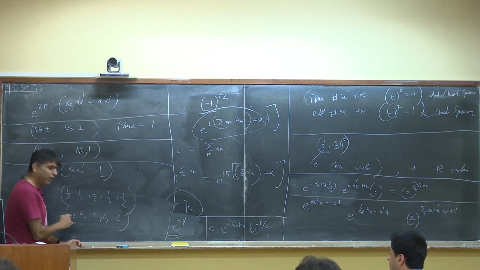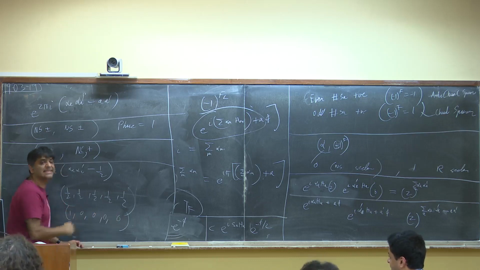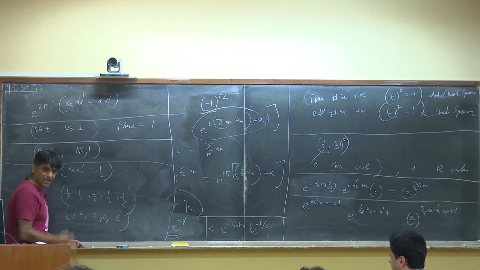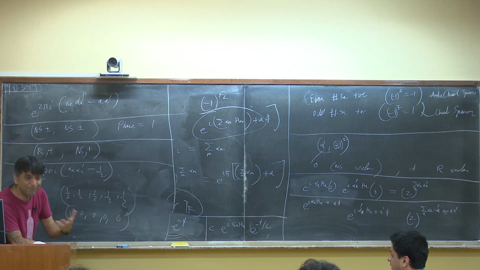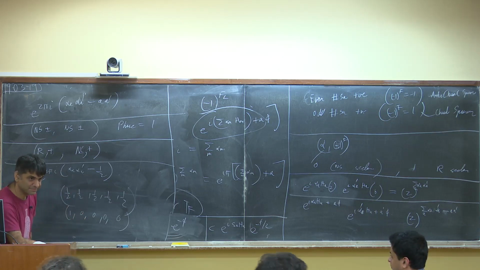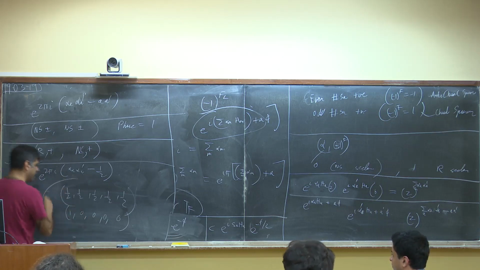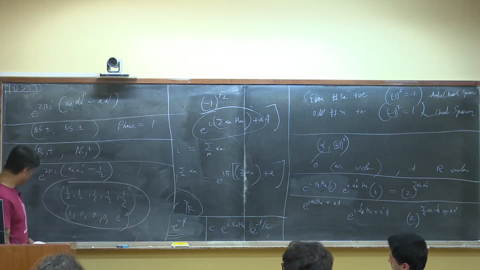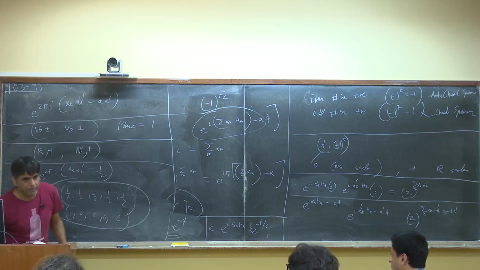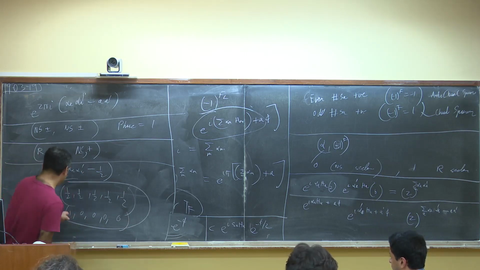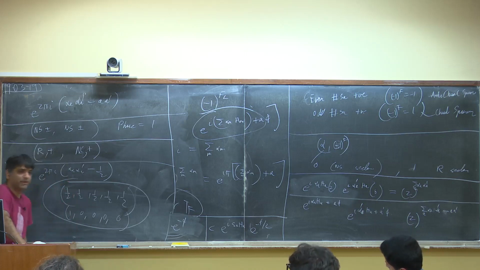Suppose I looked at a more complicated NS sector state, but also always with this Ramond sector state to start with. Now, because the NS sector state has to have fermion number plus 1, I showed you that I took an example of a particular Ramond sector state which had positive fermion number, and a particular NS sector state which had positive fermion number.